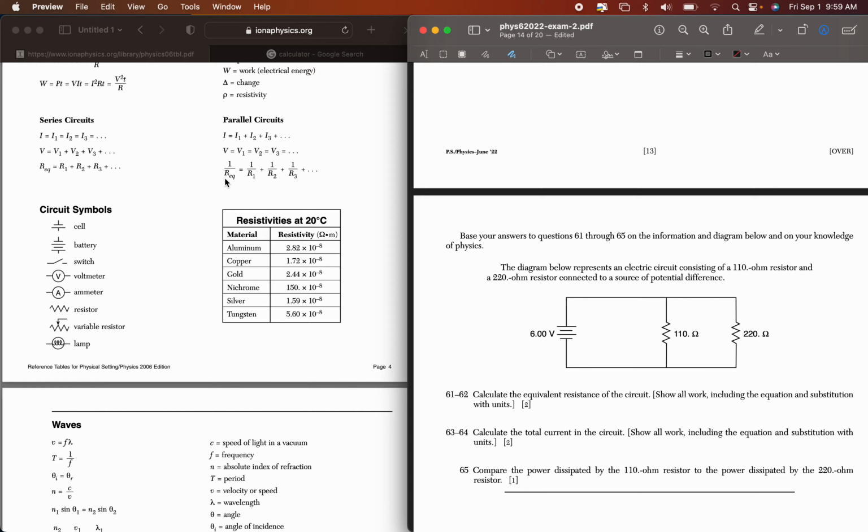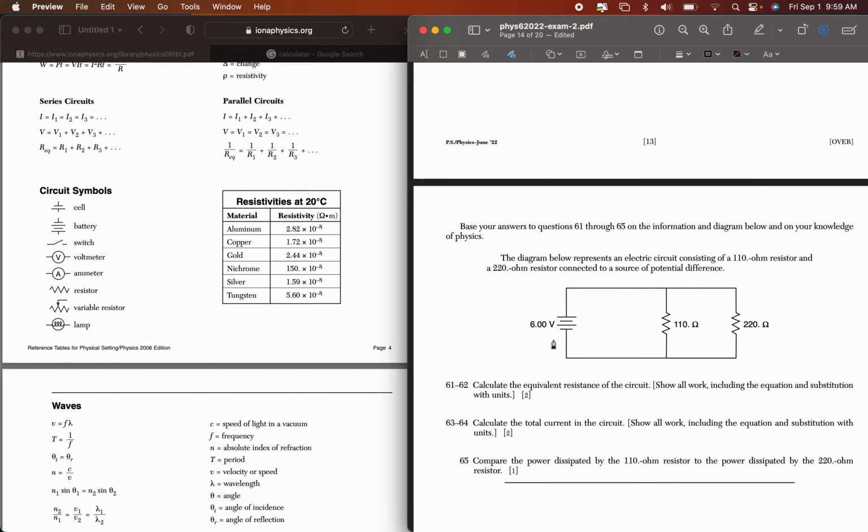So it's equal to 1 over Req. So 1 over Req is equal to, we can just plug in 1 over 110 ohms. So in this case, okay, let's just write the whole formula down. Plus 1 over R2. So we have 2 resistors in this case.